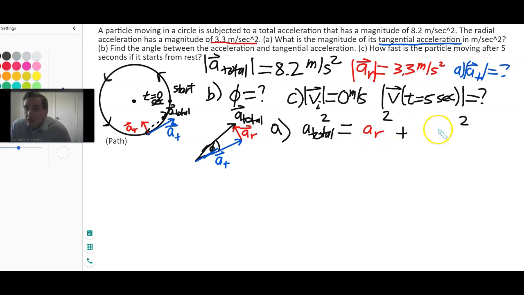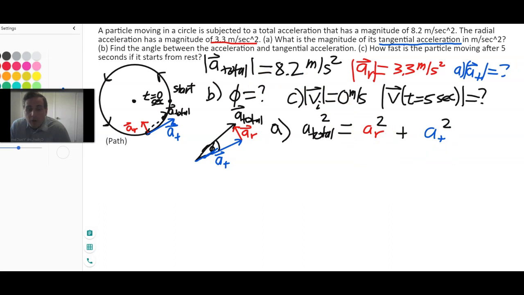So as long as we're working 2-dimensionally, we assume the path is in the plane. This is what we have. Okay, so I think we can solve this for AT, the tangential acceleration, by subtracting the radial acceleration and taking the square root. Let me make this look a little nicer too. These squareds are on these terms. So let's subtract the radial acceleration squared and take the square root.